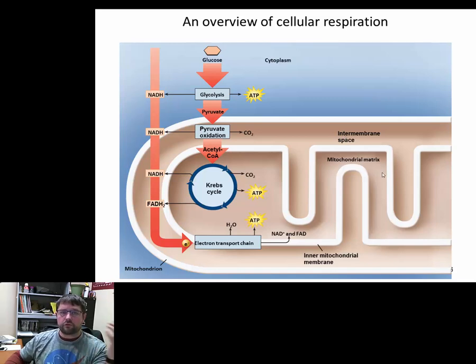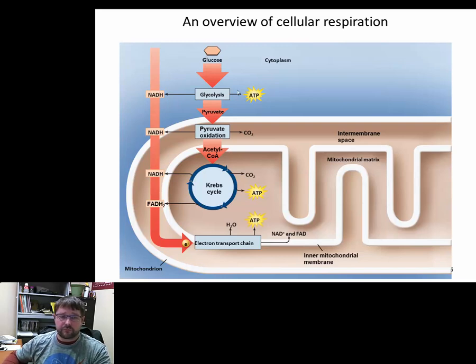Okay, so this is an overview of what the slide before was showing. Remember, we're just going to be concentrating on glycolysis, but I'm going to give you an overview of all the steps, just because it can get complex, and the more times you hear complex things, the easier it will be for you to learn that information.